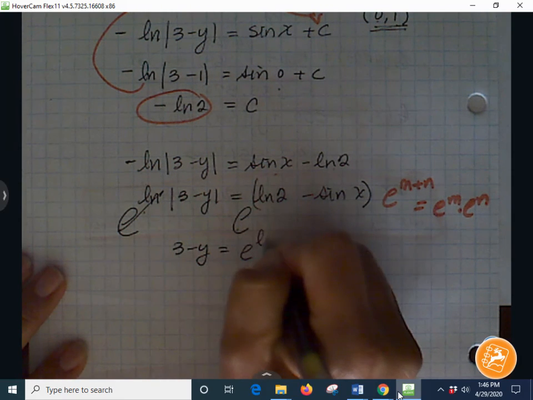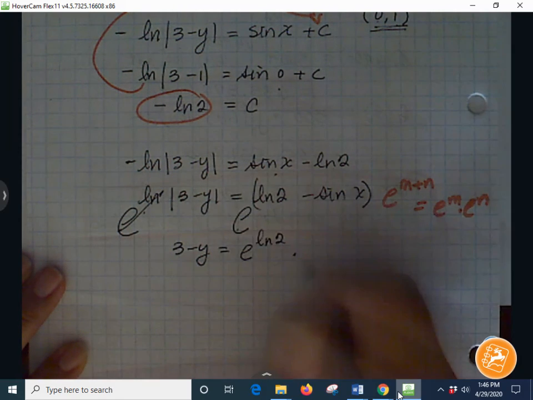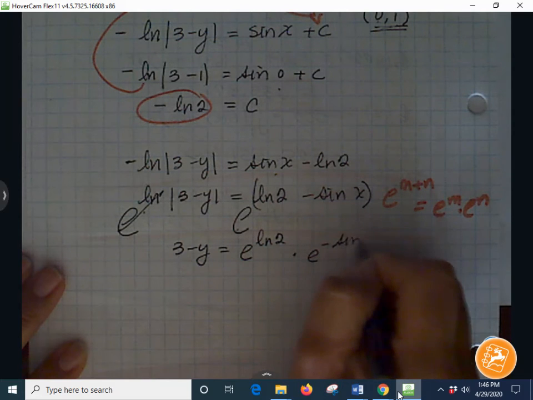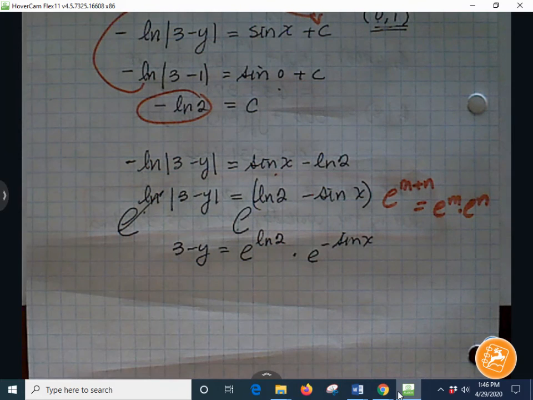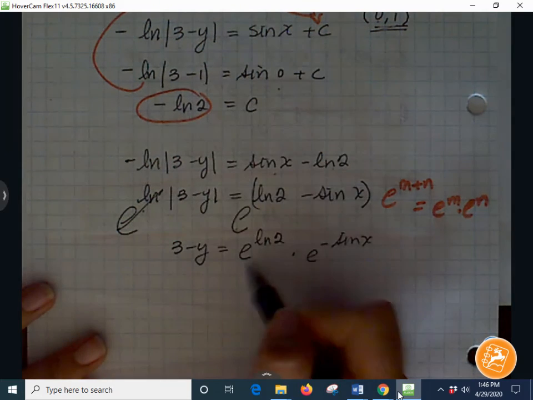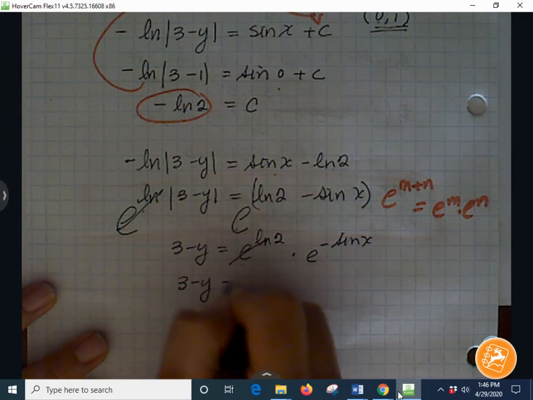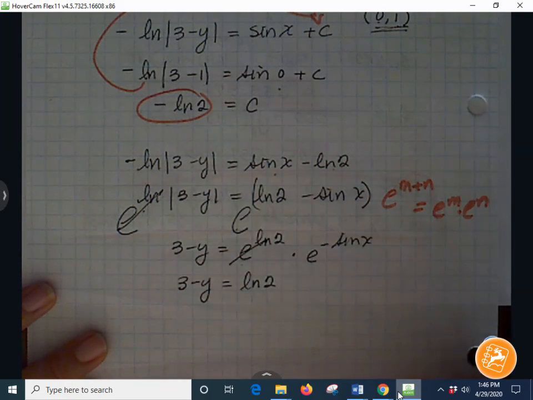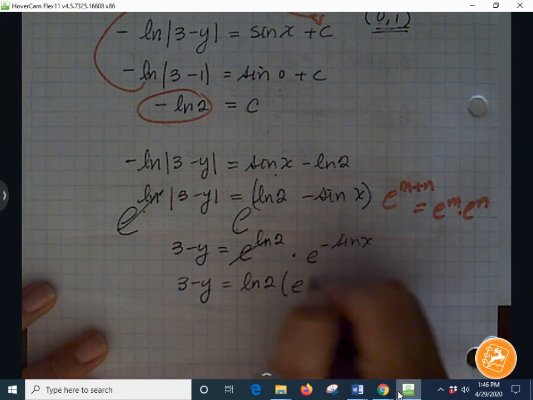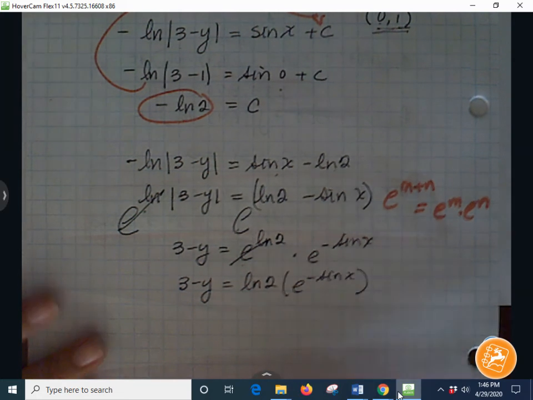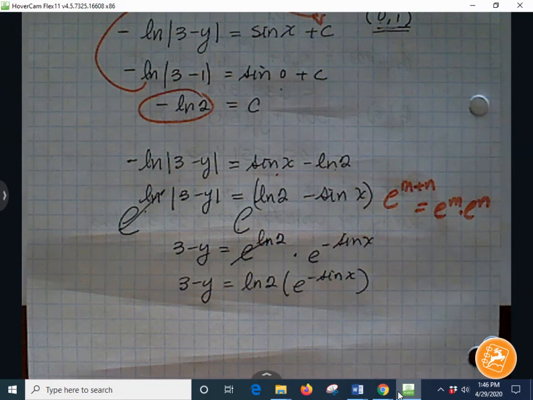I'll say e to the natural log of 2 times e to the negative sine x. Okay, applying my laws of exponents. And so these two will cancel each other out. So I'll have 3 minus y is equal to natural log of 2 multiplied by e to the negative sine x.